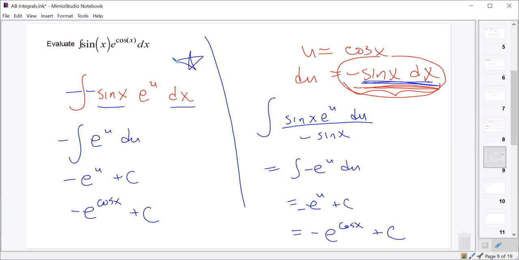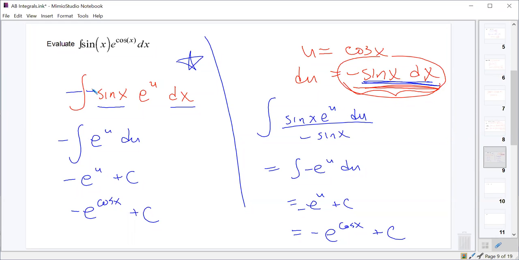Does that make sense to everybody or no? Makes sense. Could you maybe go over the process when you added the negatives again? Yep. I said I needed to have a negative sine x dx in there, so I put one in. I can multiply by -1 as long as I multiply by another -1 to cancel it out, right? Oh, okay.